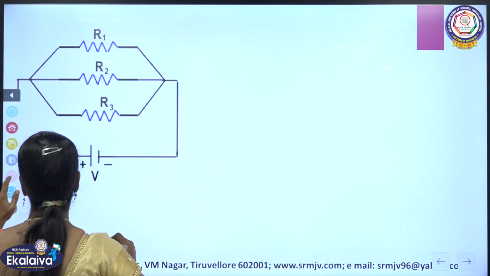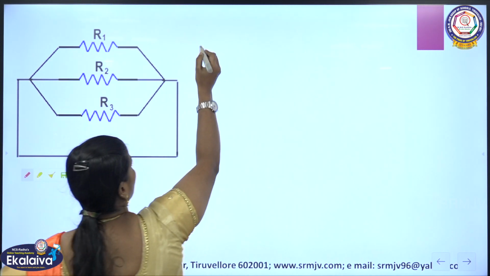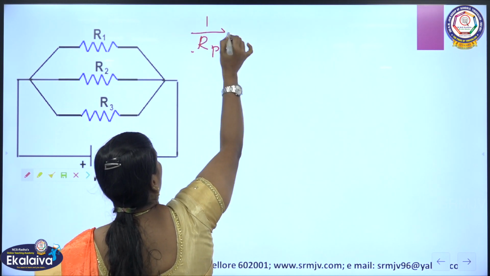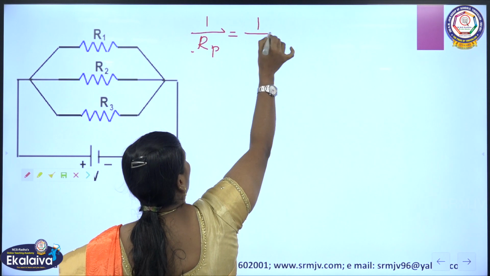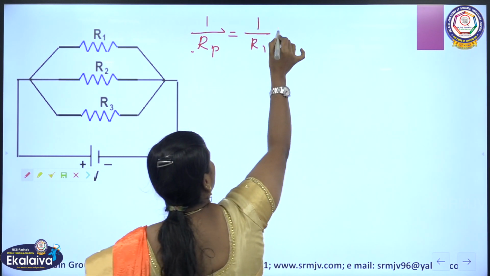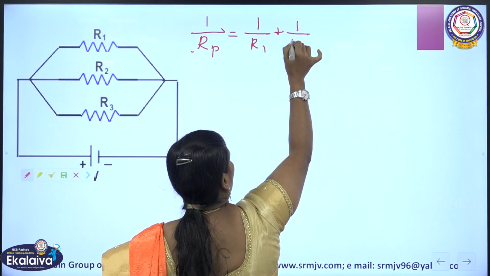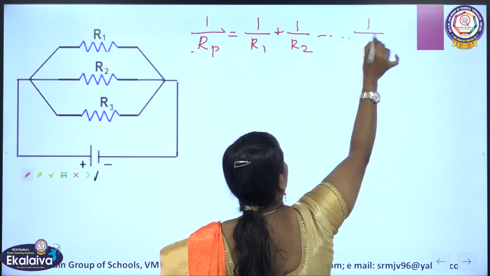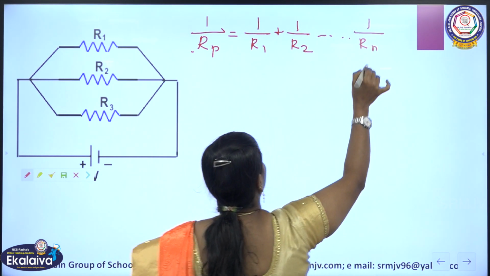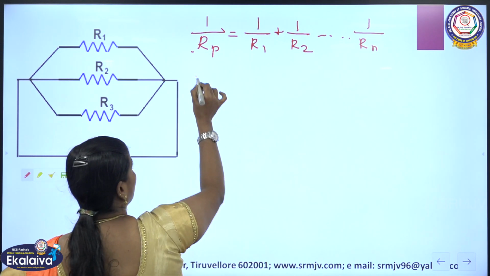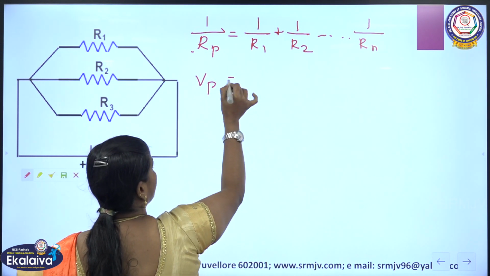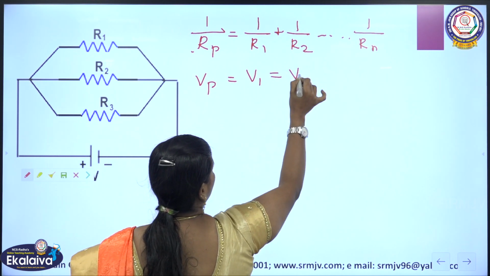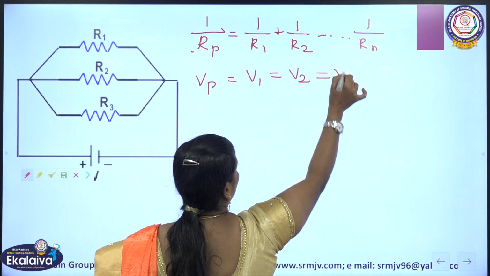So 1 by Rp is equal to 1 by R1 plus 1 by R2, and it keeps on going, up to 1 by Rn. In case of voltage, the voltage will be equal, that is V1 is equal to V2 is equal to V3.